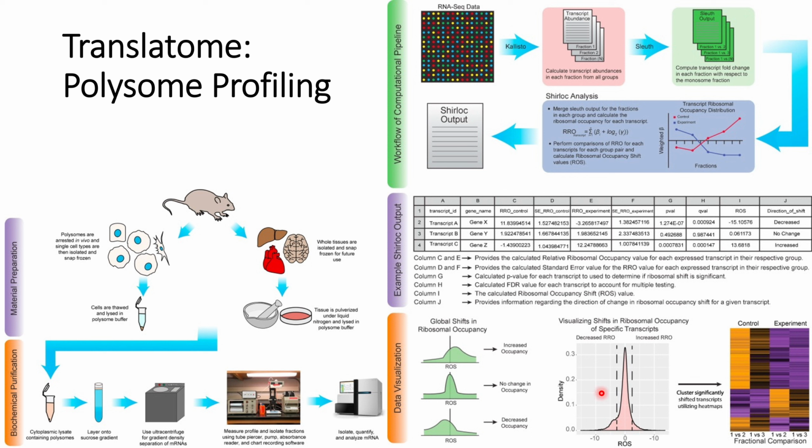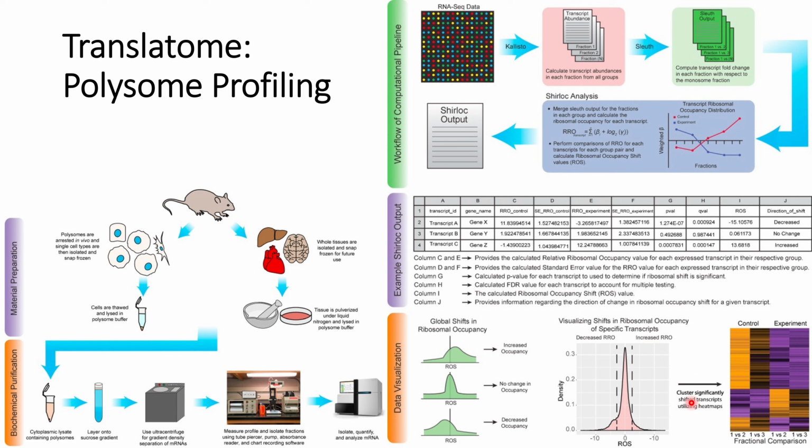This can be visualized using the ribosome occupancy shift in this density plot. If it is close to zero, there is no change, and if it is on the negative side, there is decreased ribosomal occupancy. If it is on the right side, there is an increase in the ribosomal occupancy, or RRO, which is the relative ribosomal occupancy.